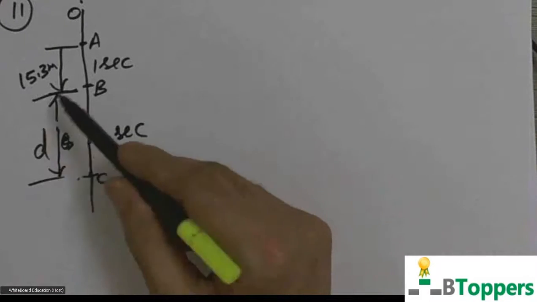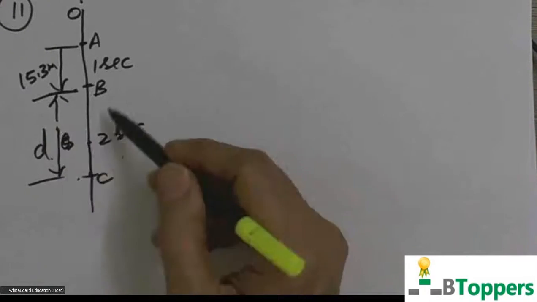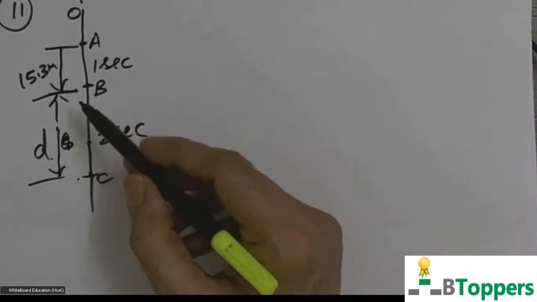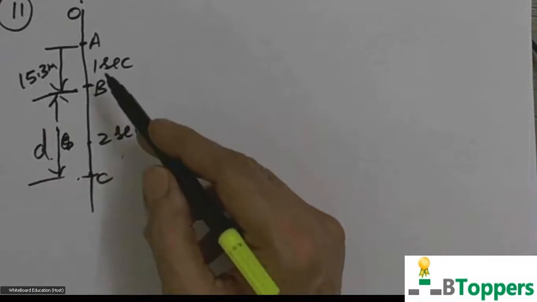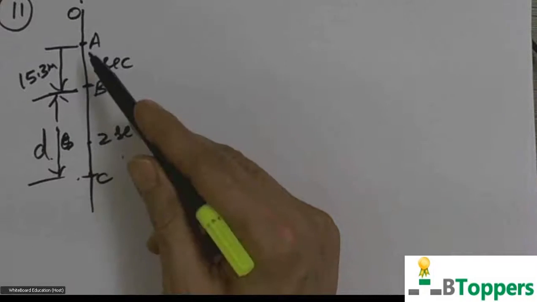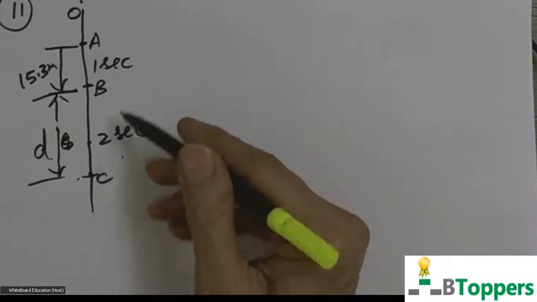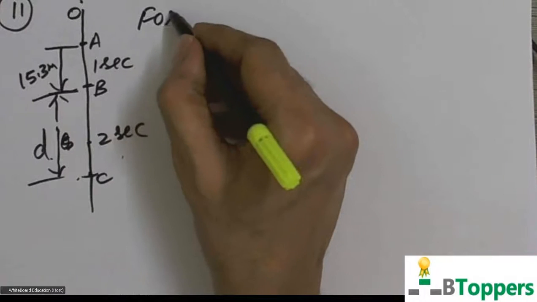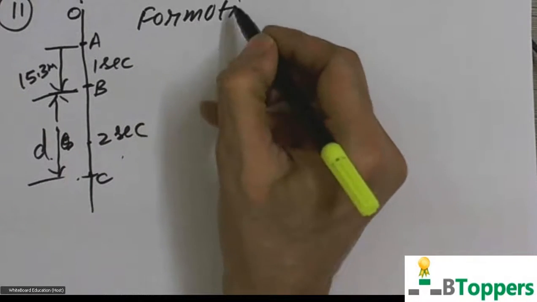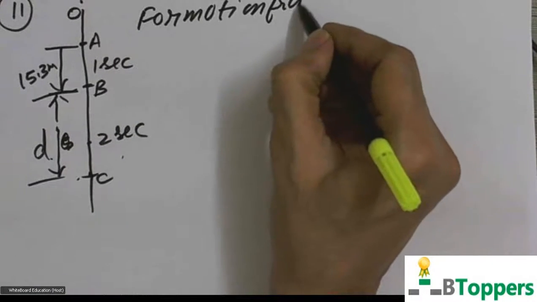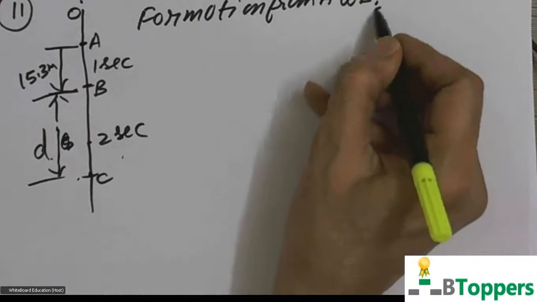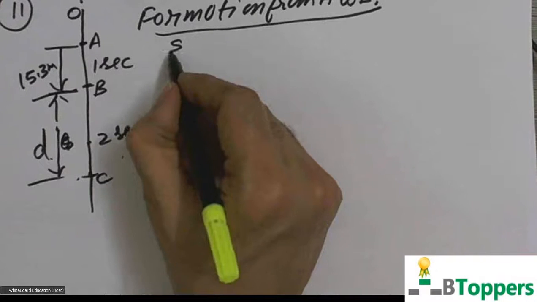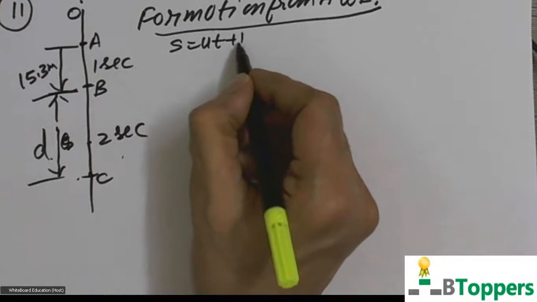So here the problem is given in terms of displacements and time intervals. So you can solve this problem by using s equal to ut plus half at square twice. Once for motion from A to B, next for motion from A to C. So for motion from A to B, you can use the formula s equal to ut plus half at square.